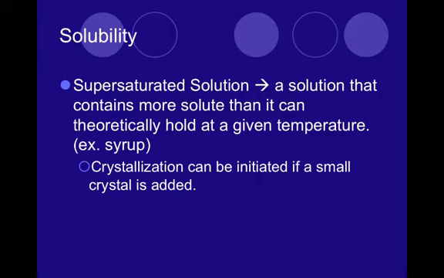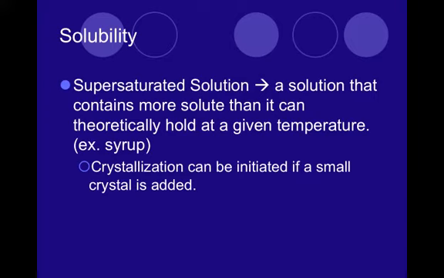And then as it cools, none of the sugar comes out of solution, so oftentimes it's actually a supersaturated solution, which is why it's so hard to add sugar after the fact once it's cooled down, because technically it's already holding as much or even more sugar than it technically should. Another example of this is syrup. Syrup has to be heated up in order to get all of the sugar dissolved in it. That's why it's so thick.